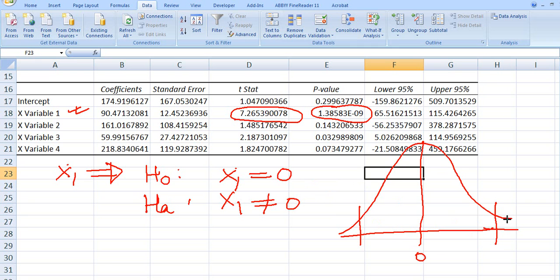If the coefficient value we get is outside this interval, we reject the null hypothesis, which means we accept the alternative hypothesis. Otherwise we accept the null hypothesis.